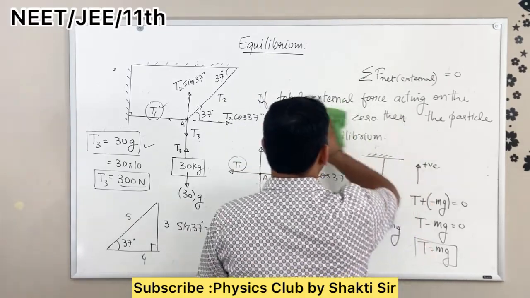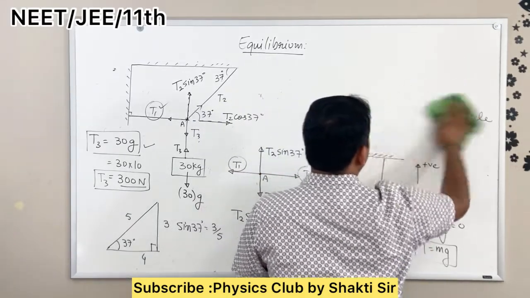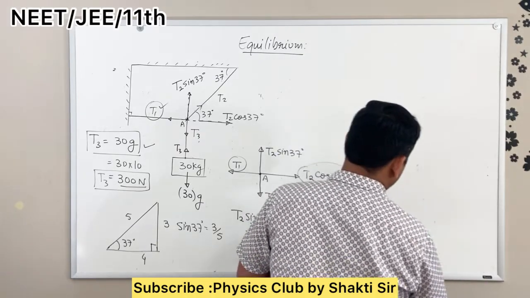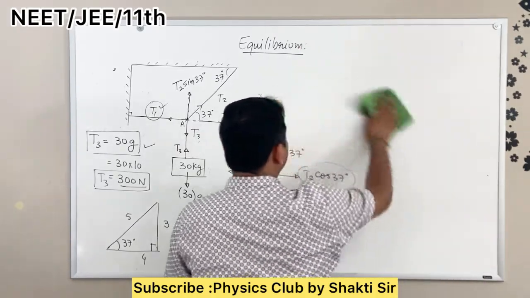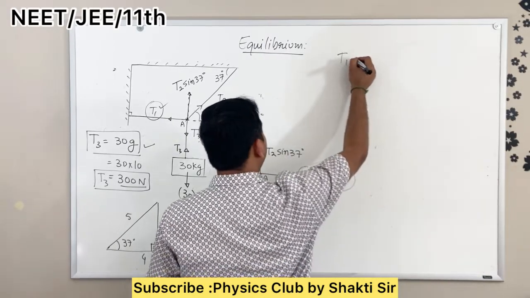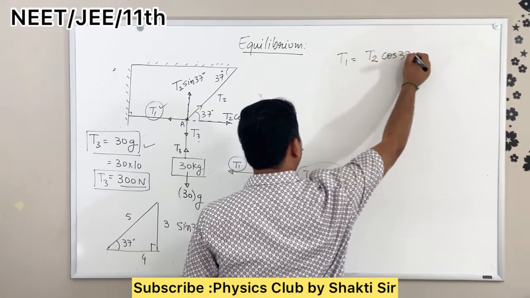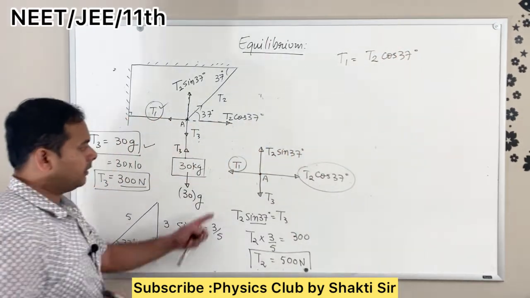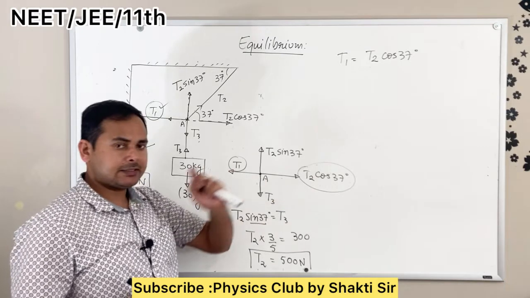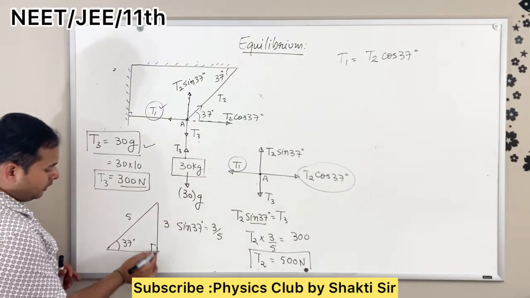Let's solve for T1. What's the value of T1? So T1 comes out to be T1 equals T2 cos of 37 degree, and from this triangle the value of cos of 37 degree is equal to 4 by 5.